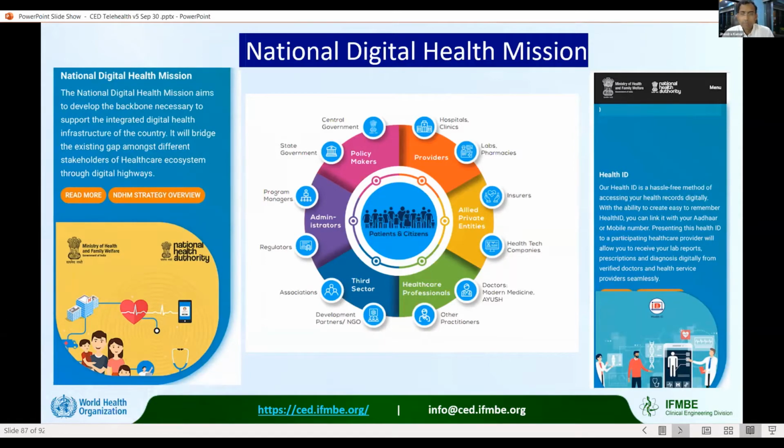And therefore, with the experience of running national programs like teleradiology, teleophthalmology, and so on, and the learnings from those systems, a couple of months ago, on the 15th of August, the National Digital Health Mission was announced in India, which captures the problems across these 5 baskets, across all the stakeholders that you see on the slide right there, right from hospitals to the doctors, to the NGOs, associations, regulators, and the governments, and synthesizes those problems with their potential solutions as a package.